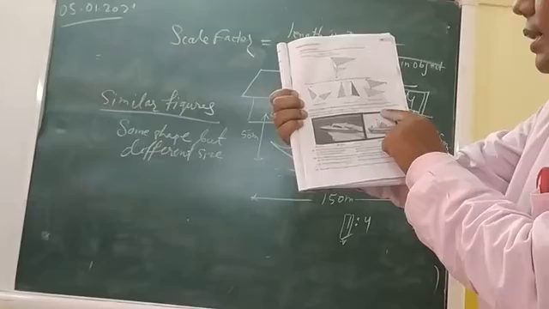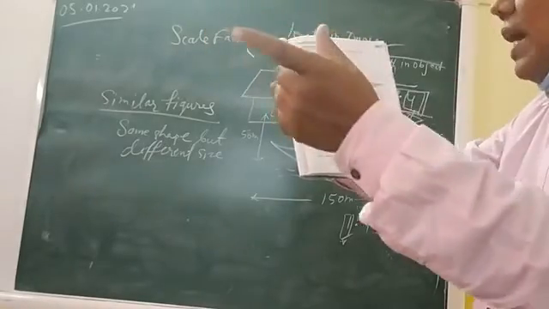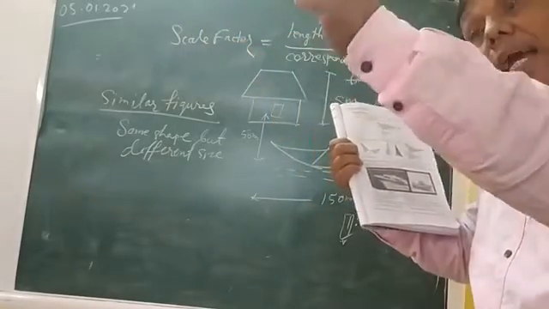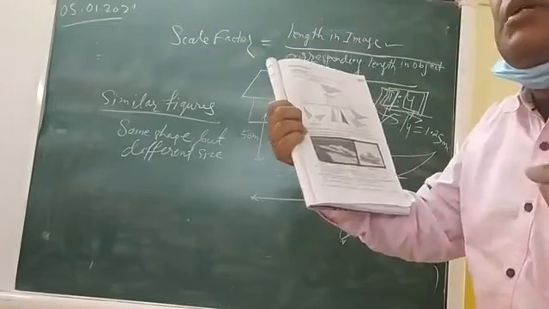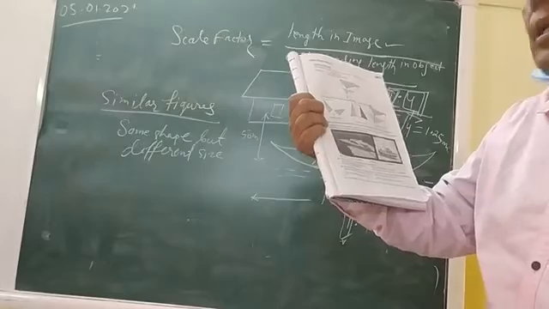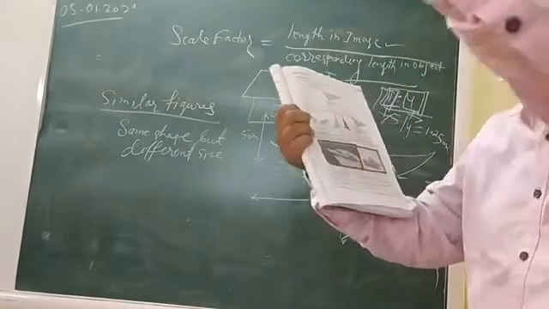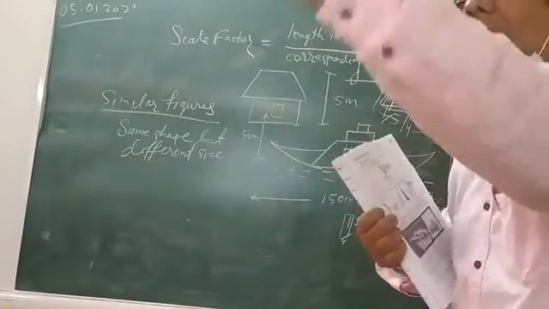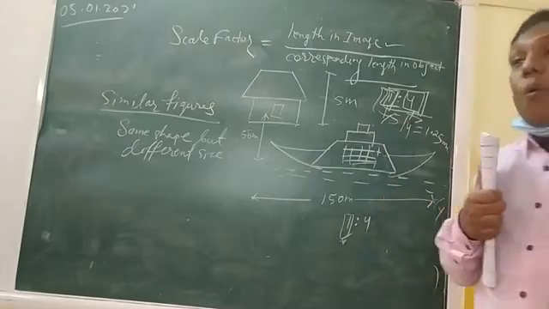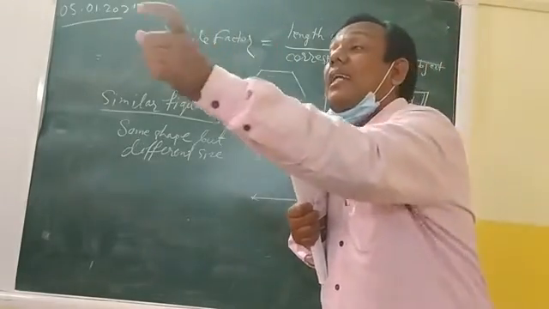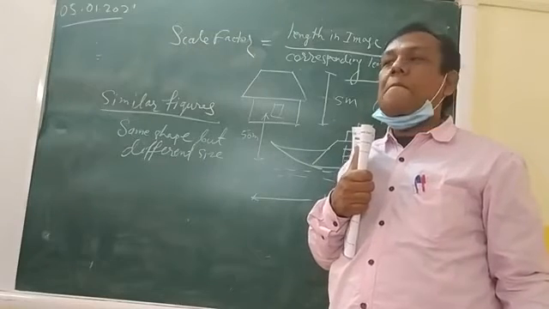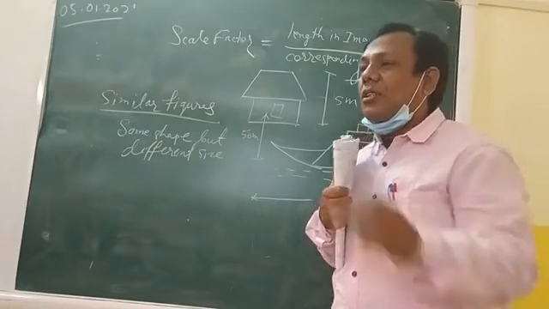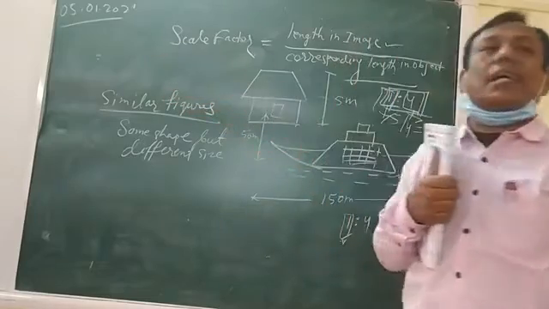The full size of the boat has a width of 60 centimeter. Then what is the width of the scale model? Can you tell? Yes, 60 by 4, 15.